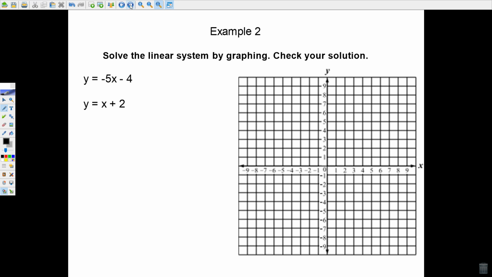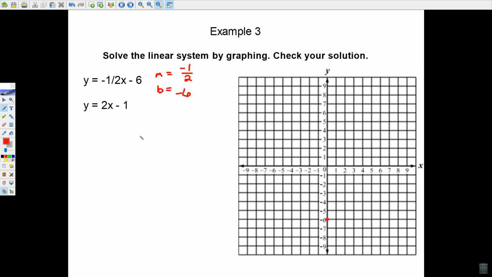Let's do another one. Let's do this one since it has a fraction in it. Again, identify the slope and y-intercept of each one. The slope of this is negative 1/2. I always put the negative sign with the numerator. That tells me the numerator is negative and the denominator is positive when I do my rise and run. My y-intercept is negative 6 because it has a negative sign in front of it. So I plot my y-intercept down here at negative 6.